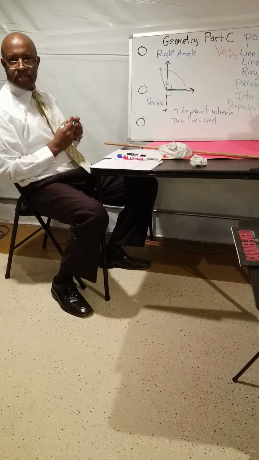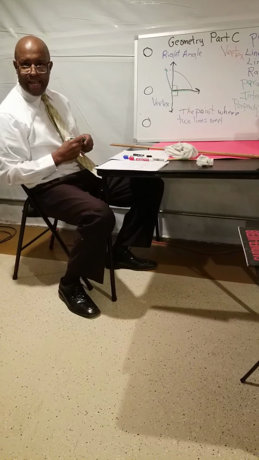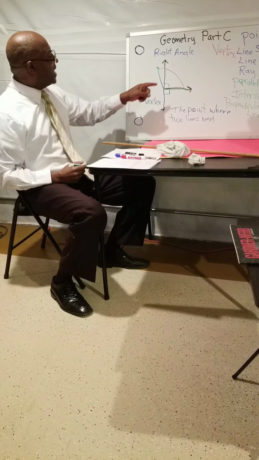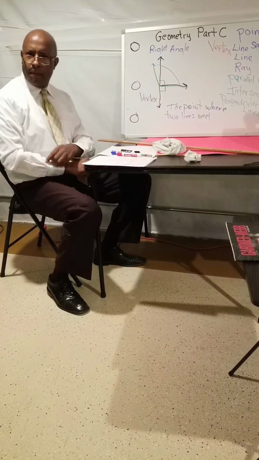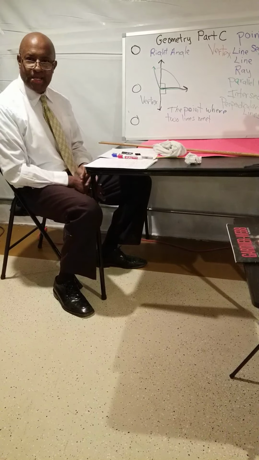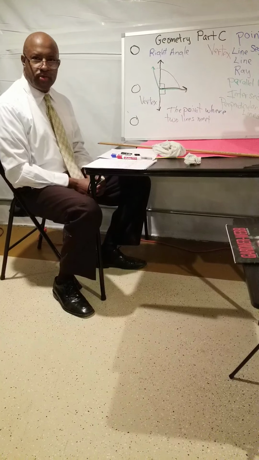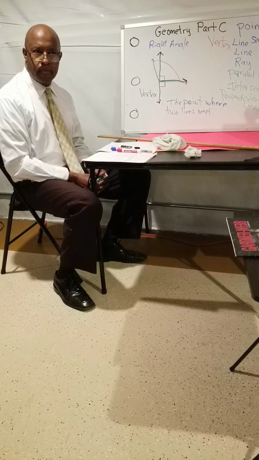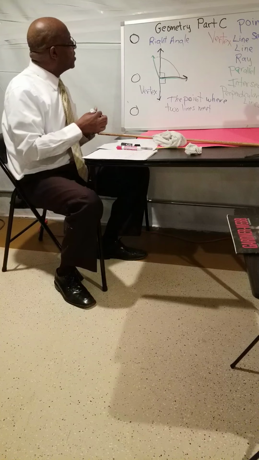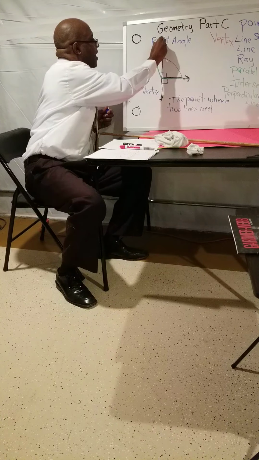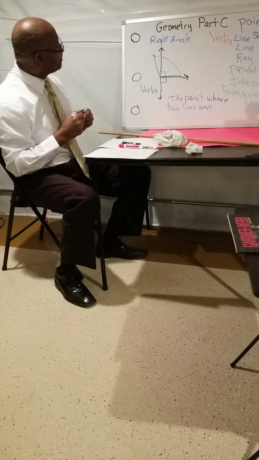What do you notice? Say that again? That's right. This angle is greater than the right angle. It's not less than, it's not the same, it's greater than. That introduces us, boys and girls, to our final angle.